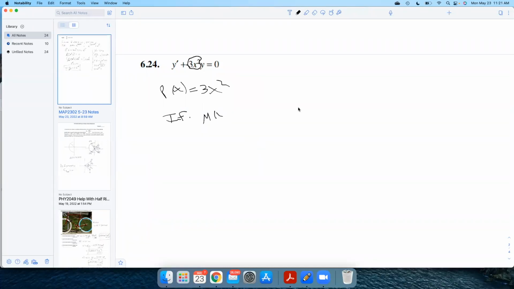Mu. Let me make my mu's look more like mu's and less like m's. I guess that's a little better. Mu of x is e to the antiderivative of 3x squared dx. Antiderivative of 3x squared is x cubed. That's what we're going to multiply everybody by.